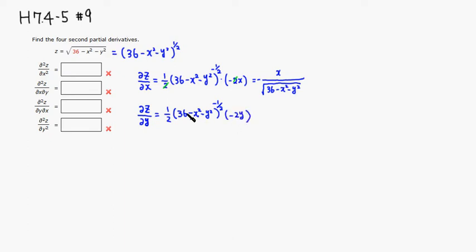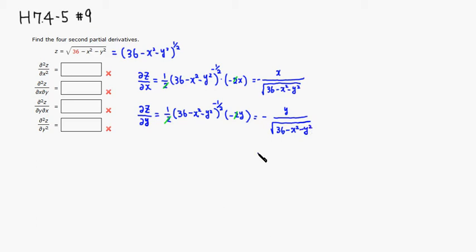So just like before, we can cancel 2 on the bottom and 2 on top, and then you end up getting negative y over square root of 36 minus x squared minus y squared.